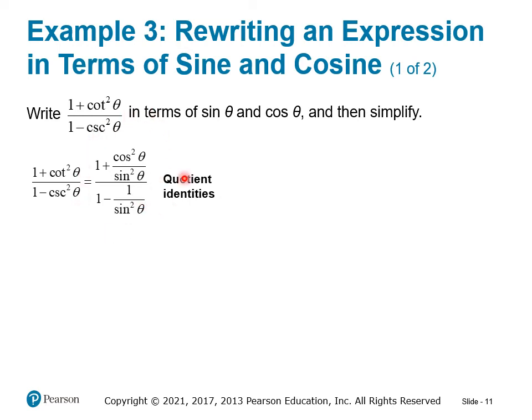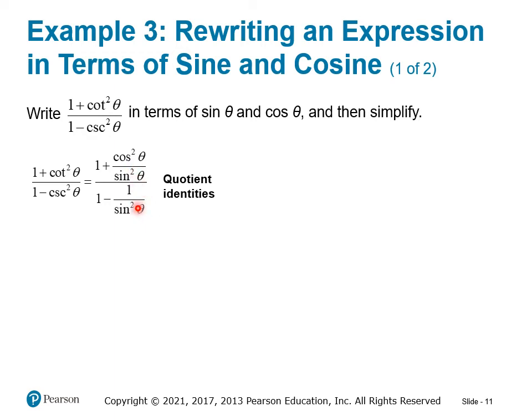Okay? So now we're just dealing with this expression on the right side of the equal, and we want to simplify it. Well, we have a fraction in the numerator and a fraction in the denominator, and when we have these complex fractions, we want to eliminate a complex fraction by multiplying both the numerator and the denominator by a common denominator.